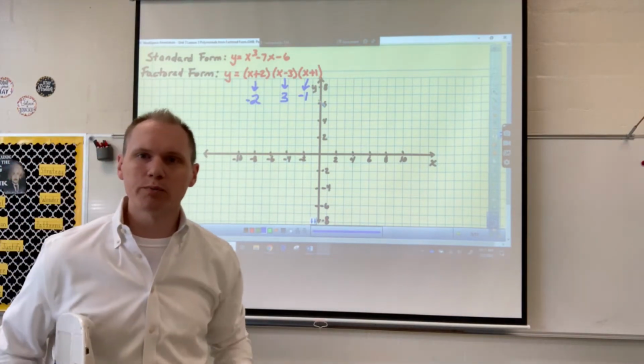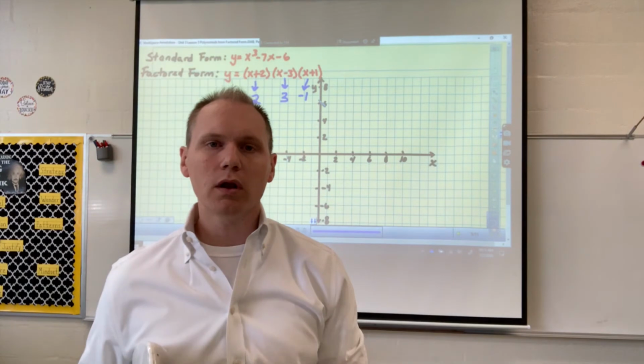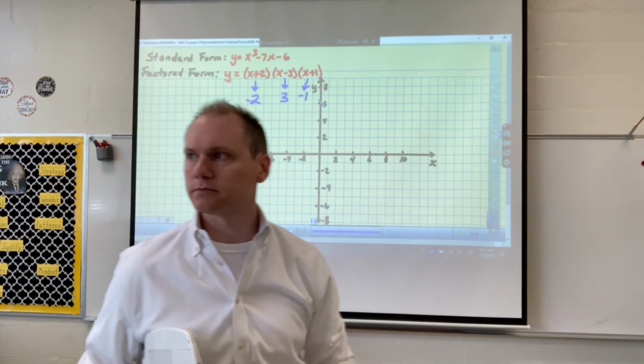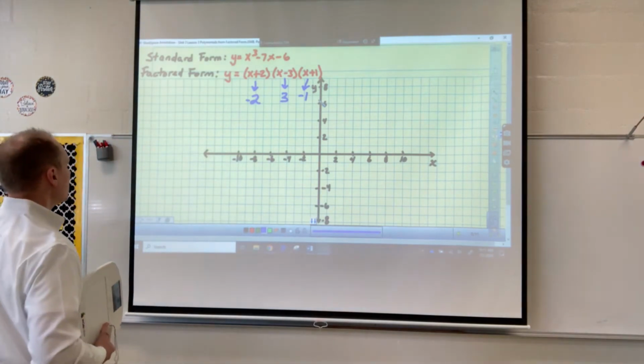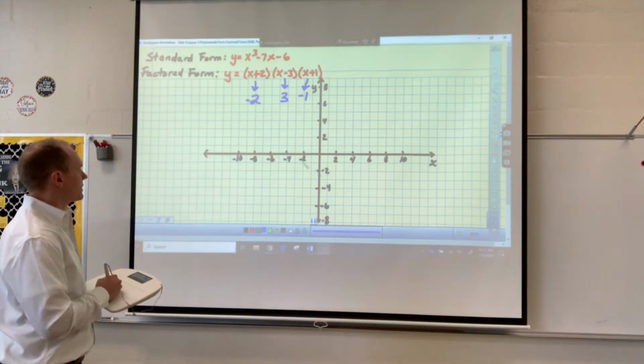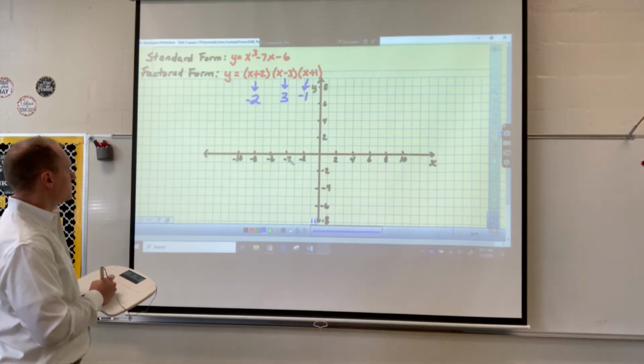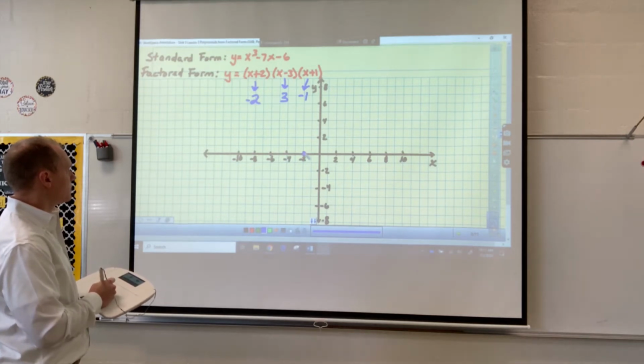Using the zero product property, we can think about what values of x make each of those factors 0. And then from there, we can plot our x-intercepts. So our x-intercepts are negative 2, 0, 3, 0, and negative 1, 0.